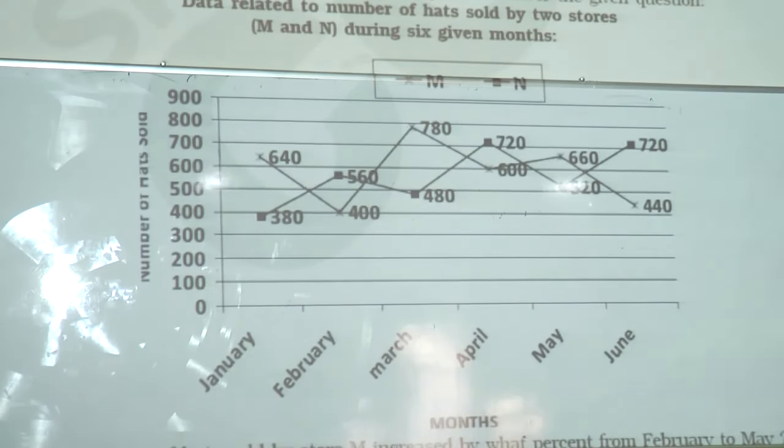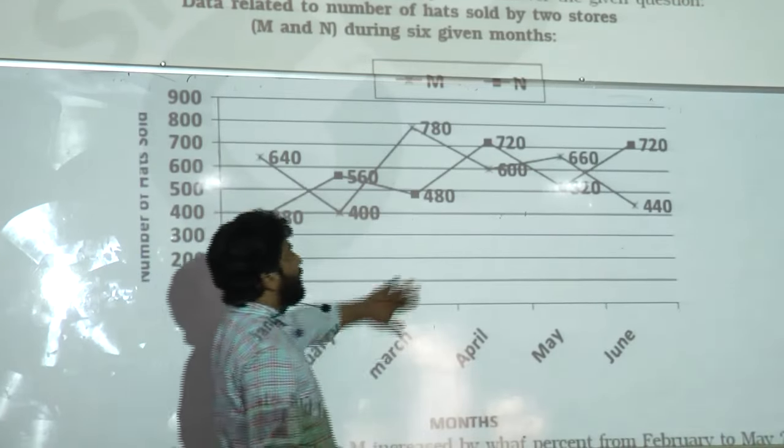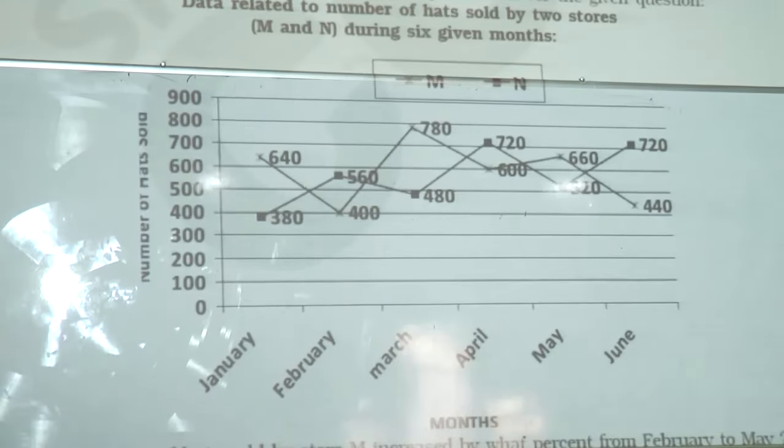This is in March, right? In March, how many hats do we have in total? 780, 480. Total? 1260.